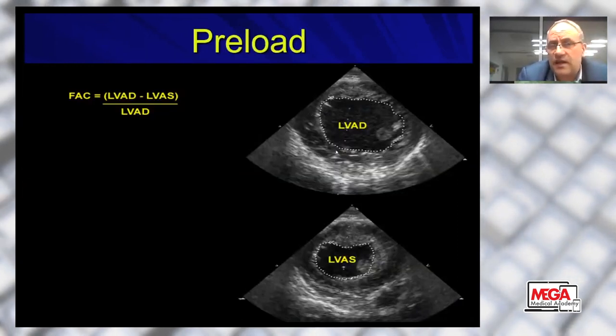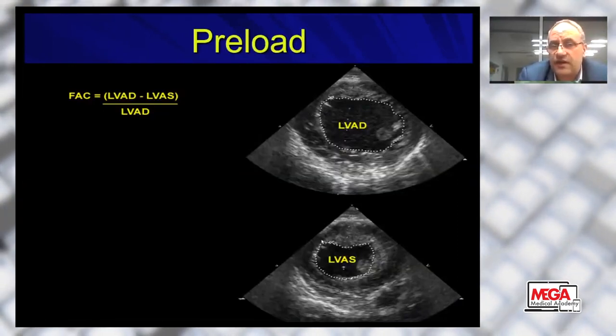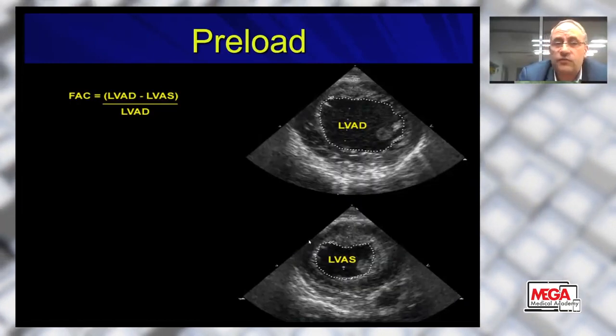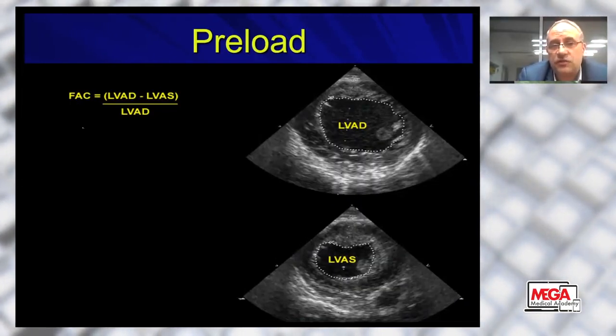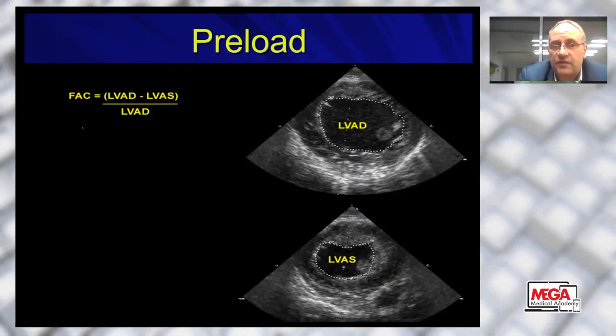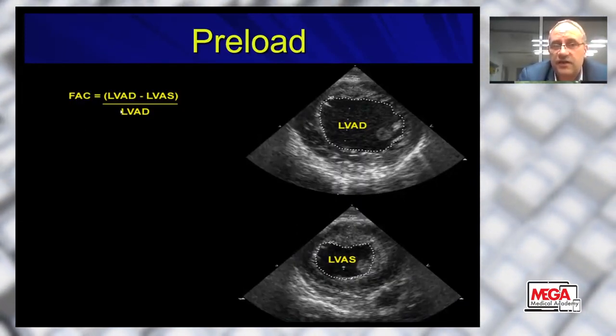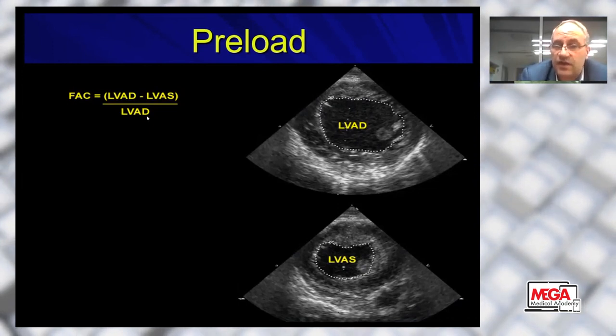We can measure the left ventricular diastolic area and left ventricular systolic area, and we can monitor the fractional area change, which equals left ventricular diastolic area minus left ventricular systolic area over left ventricular diastolic area.